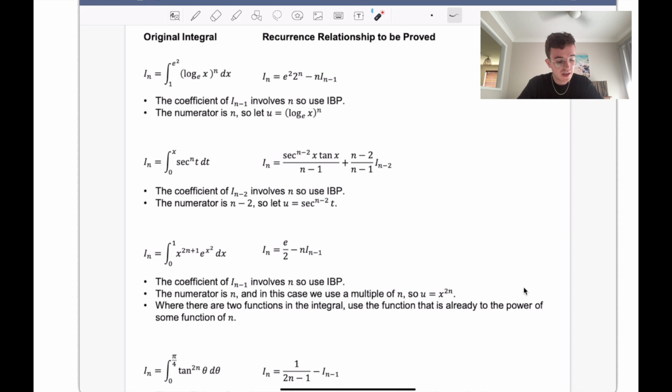So if I've got I_n is equal to the integral from 1 to e squared of ln x to the power of n dx, and that integral we're saying is equal to the reduction formula e squared 2^n minus n times I_(n minus 1). So here the coefficient of the lower integral involves n, so we're using integration by parts, and the numerator of this n is n over 1, so we're going to use u equal to x to the power of n.